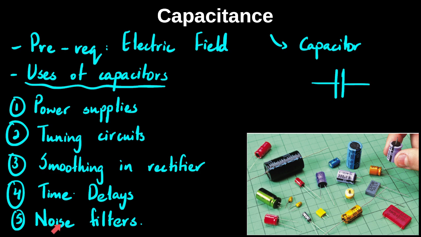To get rid of that trash, you can use filters, and filters rely very heavily on capacitors. Now when we talk about what capacitors actually are and how they work, you will see that all the capacitors here have two legs, or two ends, and there's a reason for this.